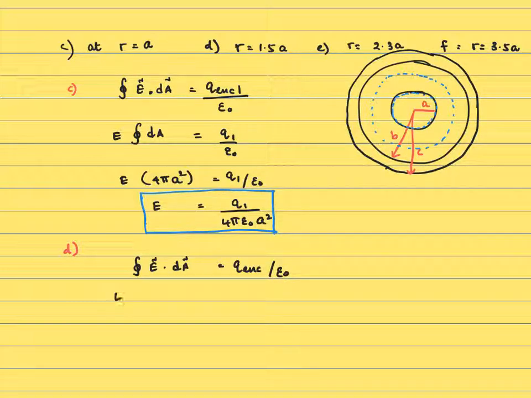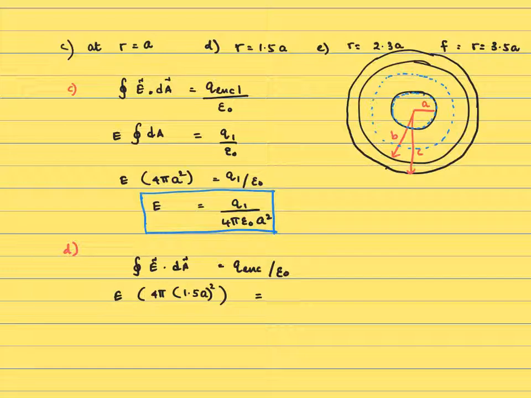Now E is constant, and I am going to substitute for a to save space. That's going to be 4 pi r squared, where r is 1.5a, and the square of that is the area of the second Gaussian sphere. And then the q enclosed. Now q enclosed is the charge enclosed by that sphere.